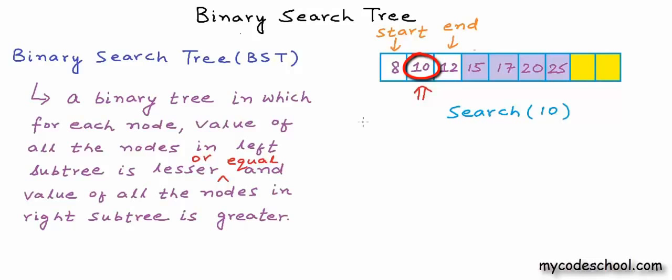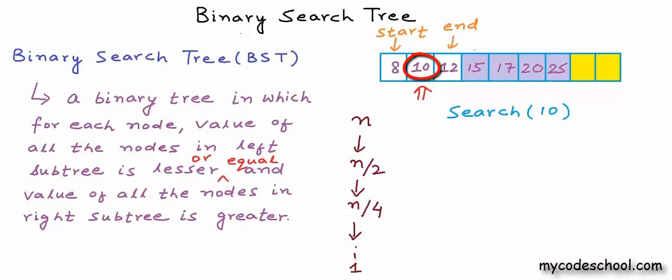In binary search we start with n elements in the search space, and if the mid element is not the element that we are looking for, we reduce the search space to n by 2, and we go on reducing the search space to half till we either find the record that we are looking for or we get to only one element in the search space and are done.